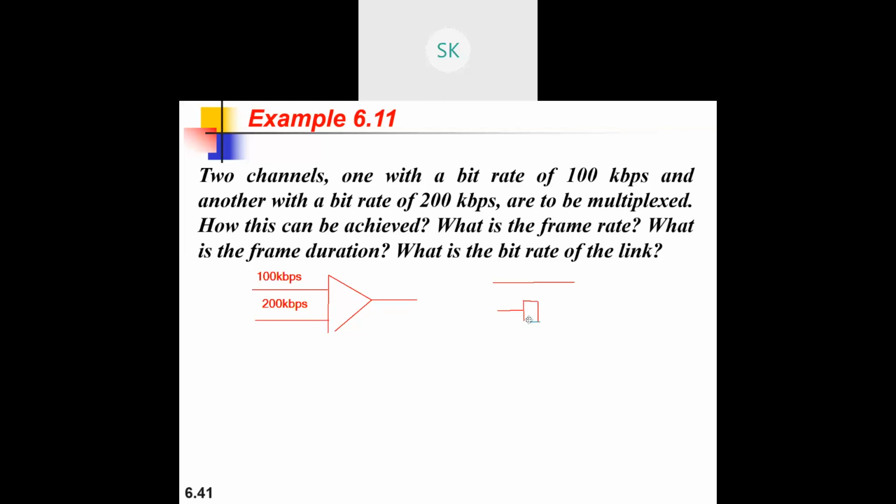Two channels, one with a bit rate of 100 kbps and another with a bit rate of 200 kbps. We'll try to annotate this first, because if you don't put it in a diagrammatical representation, we will not be getting anything. So two channels, one channel and the second channel. What they have given is that it should be multiplexed.